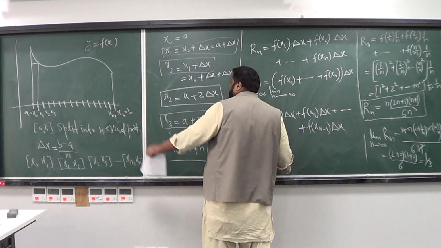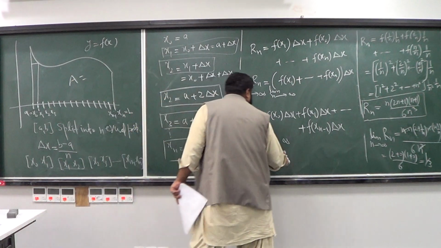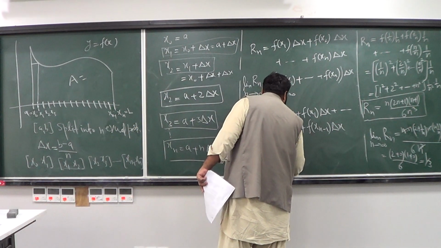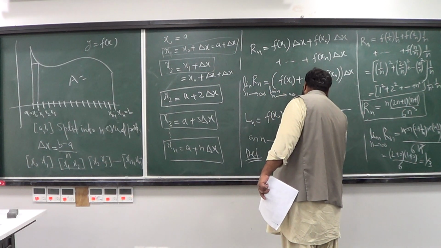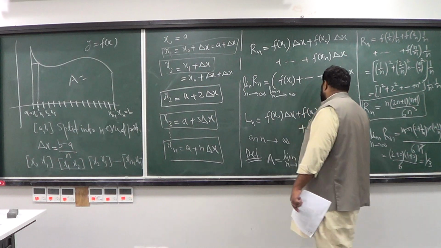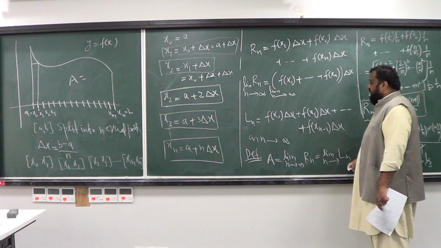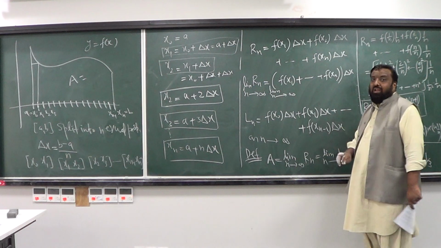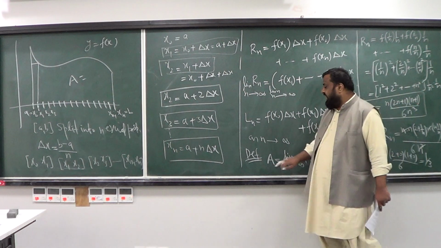This area A is the shared value of the limit as n goes to infinity of Rn and the limit as n goes to infinity of Ln. These two should be equal, and whatever their shared value is going to be the A.